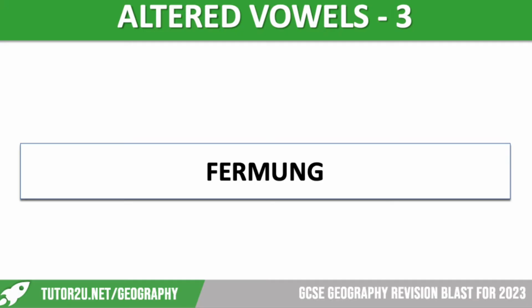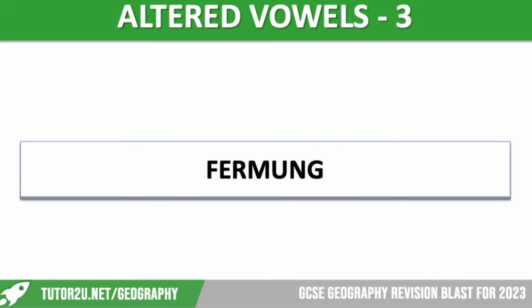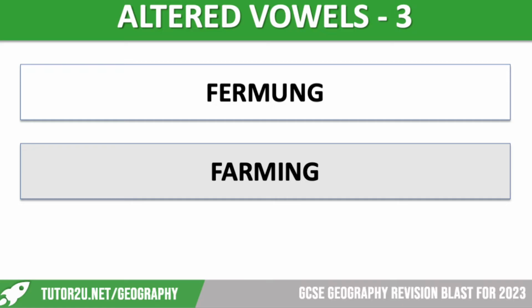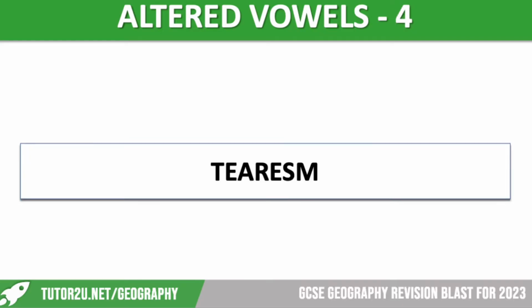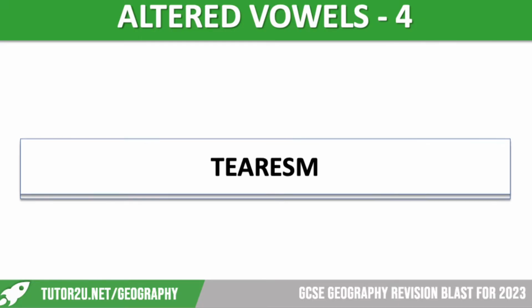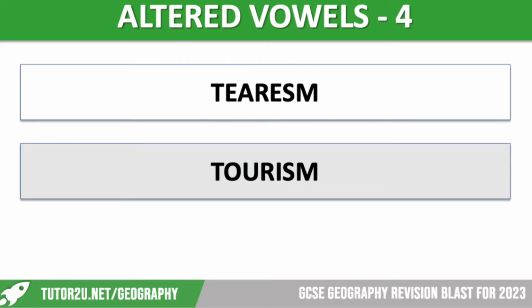Okay, another fairly easy one. Hopefully you have recognised that it is farming. And then our last one is this one. So let's reveal the answer. It is tourism. And like I said, we will have a look at all of these in a bit more detail in our next activity.